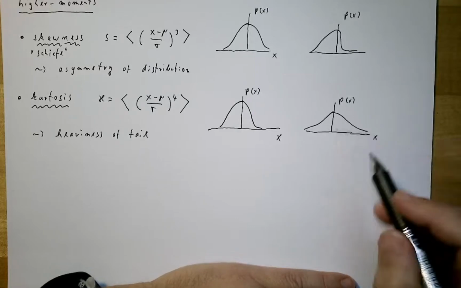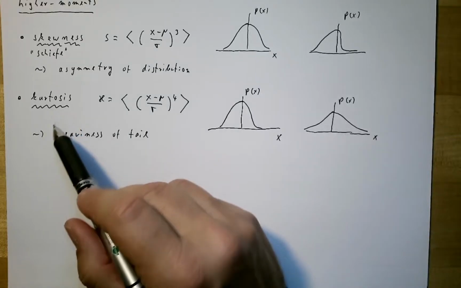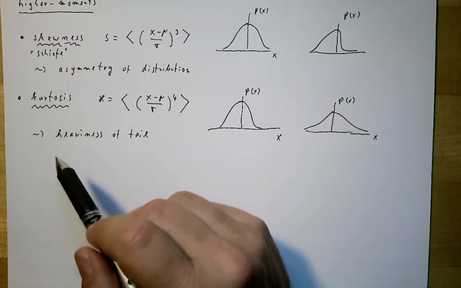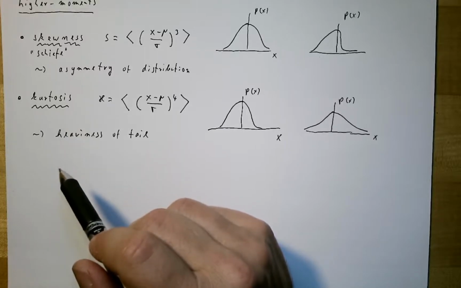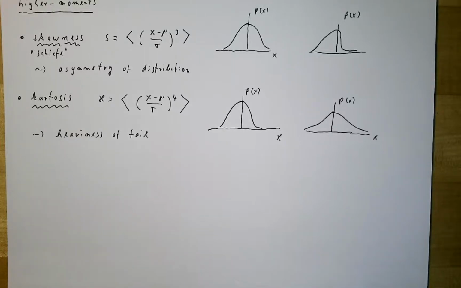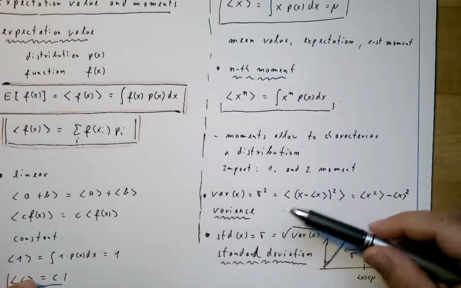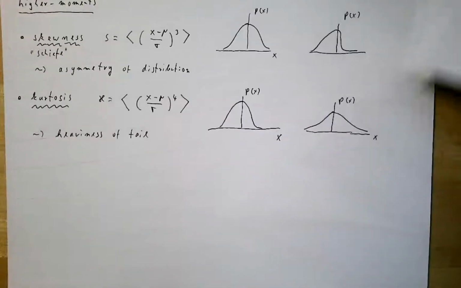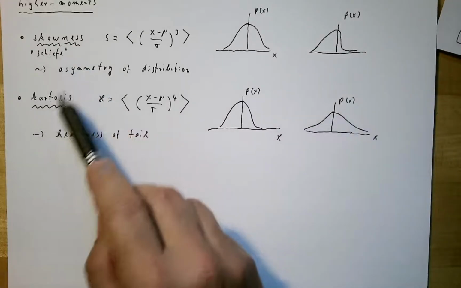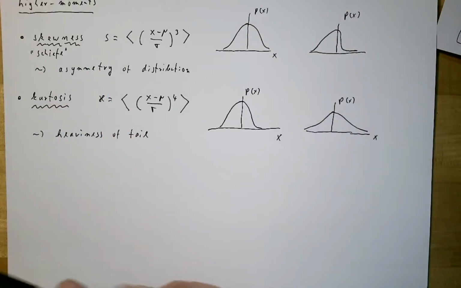We can characterize this by the kurtosis, but in this lecture, we will only deal with the first moments. That will be enough, and we don't bother with higher moments like skewness or kurtosis.